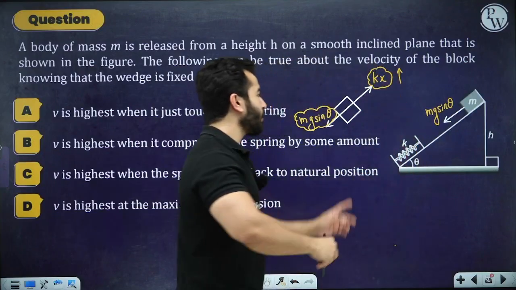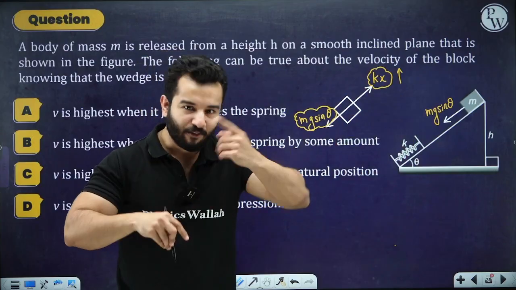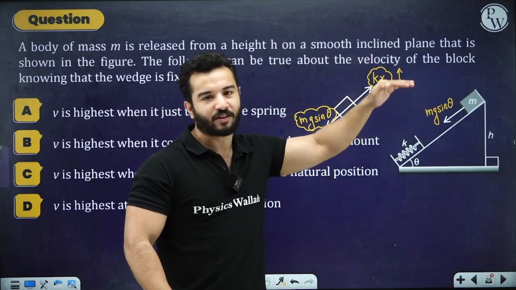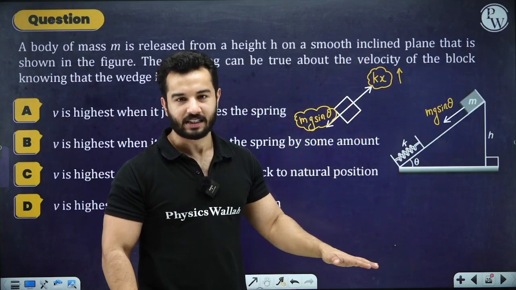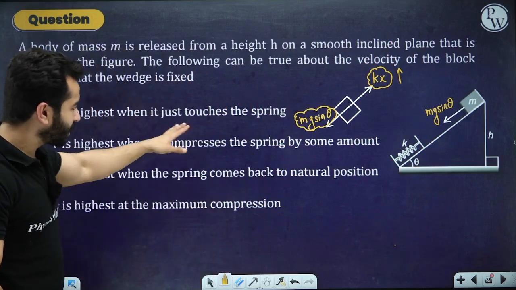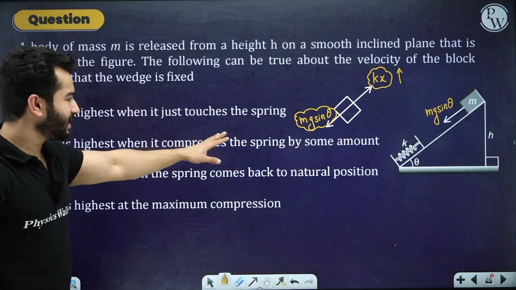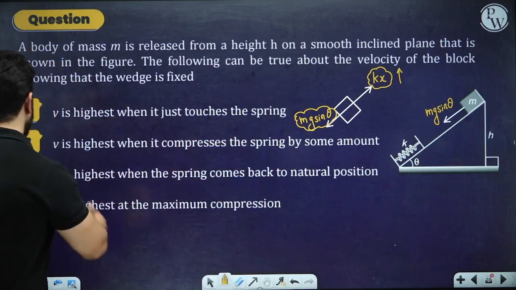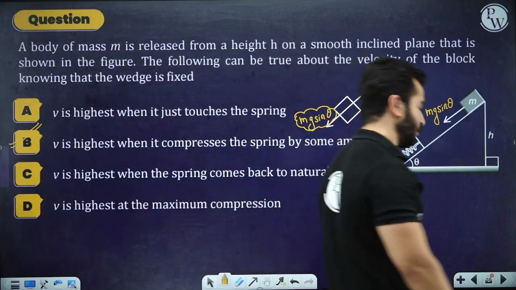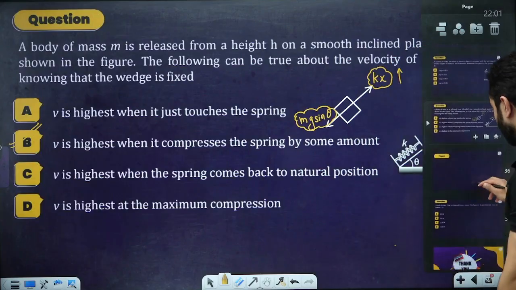At a particular point they will become the same. After that, when Kx further increases, the velocity will start to decrease. Is that correct? So the correct answer is that V is highest when it compresses the spring by some amount, right? So B option is absolutely correct. Hopefully you have got it, right?